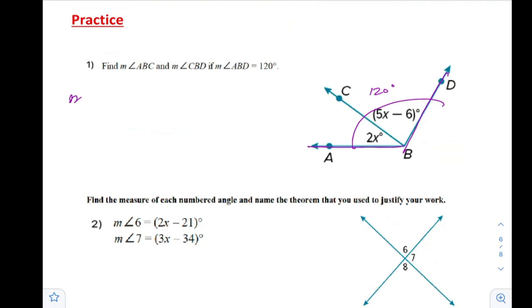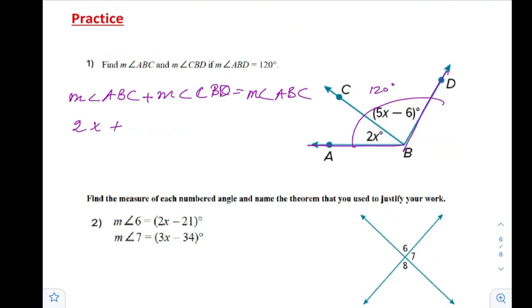Definitely here we know that the measure of angle ABC, قياس الزاوية الأولى, plus the measure of angle CBD, the other angle, is the total one, which is the angle addition postulate, angle ABD. So 2x, we are substituting, plus CBD, let's arrange it here, CBD is 5x minus 6, is equal to the total, which is 120.